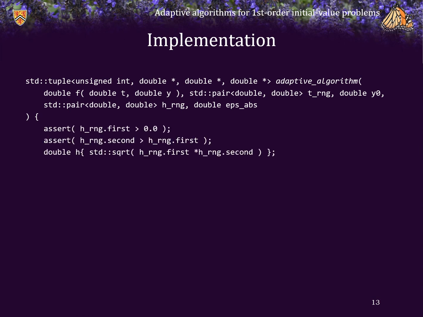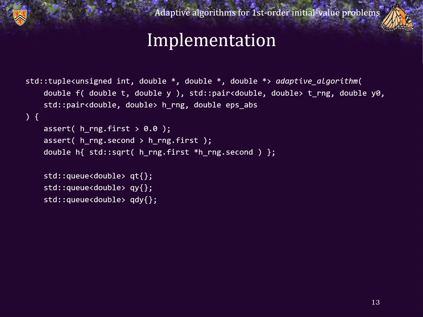Now, first we will ensure that the minimum h value is greater than 0, and we will assert that the maximum h value is greater than the minimum h value. Finally, we will initialize the value of h with the geometric mean of the minimum and maximum h values.